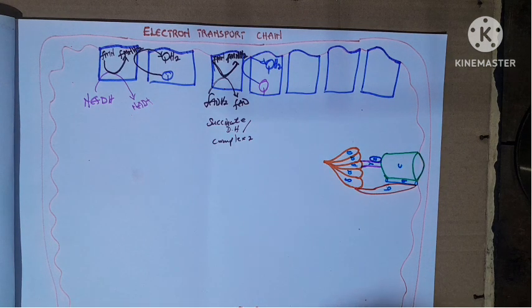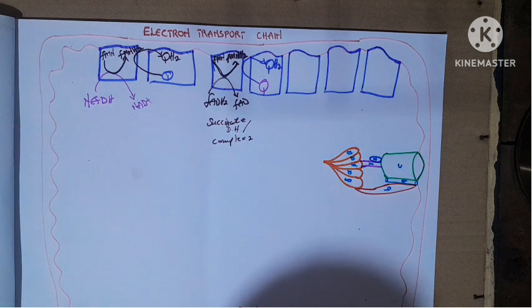And complex 3. Complex 3 is also known as coenzyme Q cytochrome b oxidoreductase.